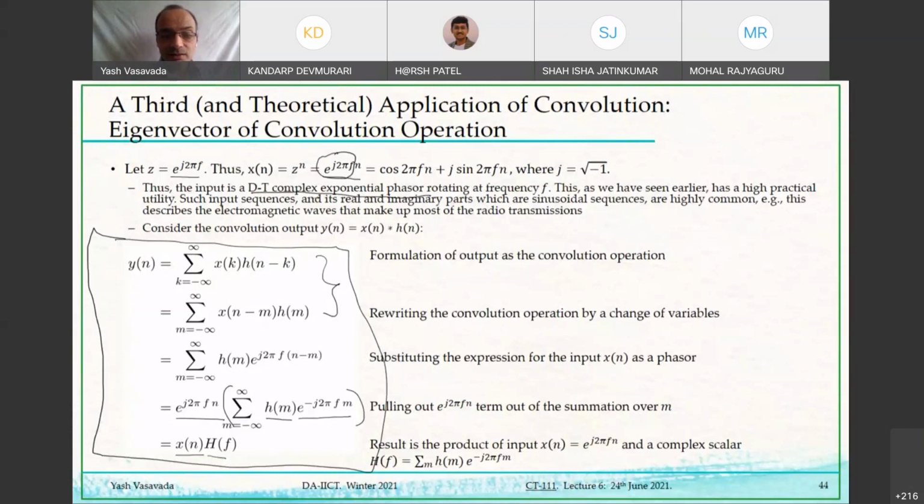And so this h of f will give you one element of that product G times h. It will give you the element at the particular frequency f that you are considering, the frequency f at which the input is oscillating.